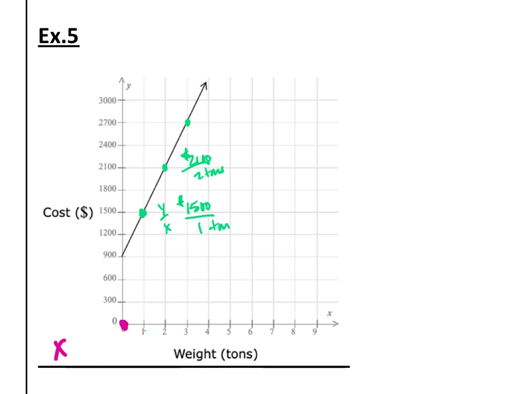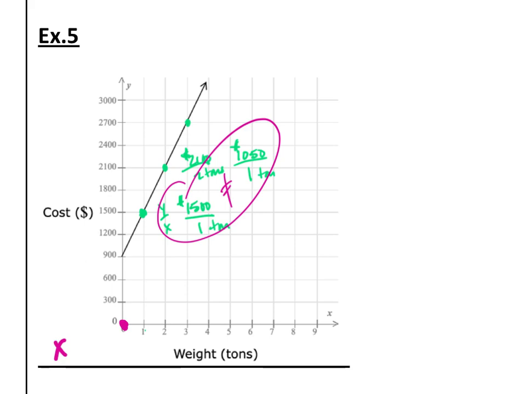So if I do my unit rates on this, this is going to be $1,050 per 1 ton. Well, so right away I can tell these two are not equivalent. So this is not a proportional relationship because their unit rates aren't equivalent. If the unit rates aren't equivalent, it's not proportional.